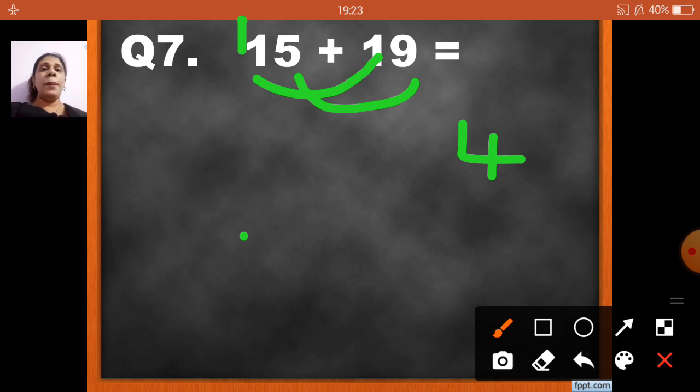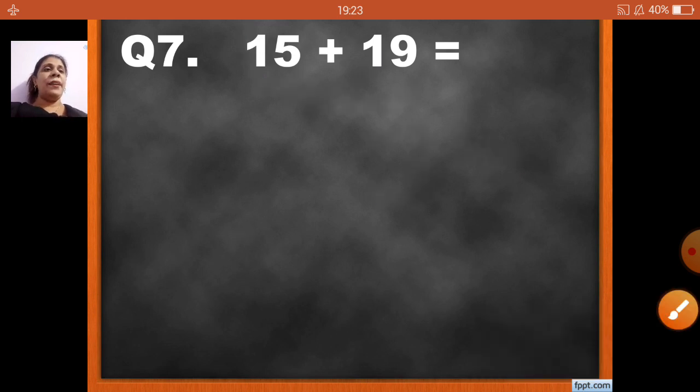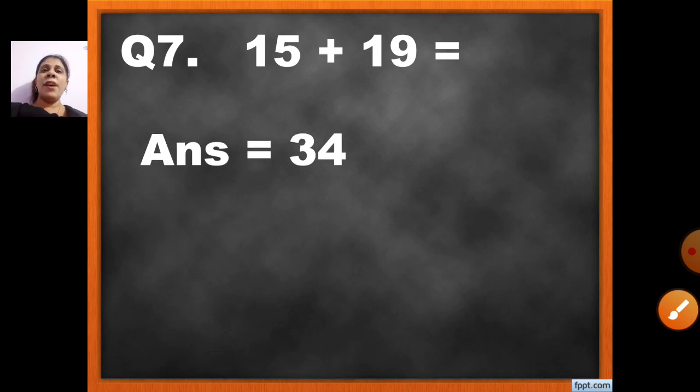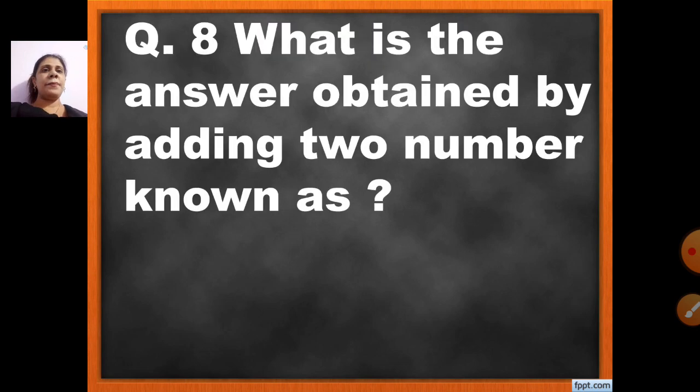So 2 plus 1 will be 3. So when we add 15 plus 19, what answer we get? Our answer is 34. So 15 plus 19 is how much, children? 34. Understood?